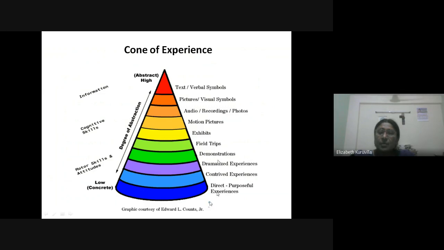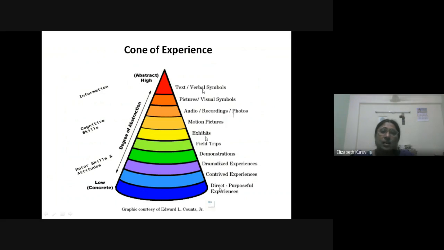Concrete is direct purposeful experiences, contrived experiences, dramatized experiences, demonstration, field trips, exhibits, motion pictures, audio recordings and photos, pictures, visual symbols, text and verbal symbols. So from the concrete to the abstract, the degree of abstraction increases as it goes to the peak.